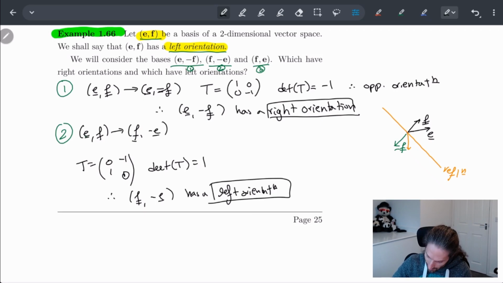And what does this look like? So here I have my E and F. What does F, minus E look like? So let's look at these together. If I take F here and I take E here, what is F, minus E? Well, F stays, minus E comes here.